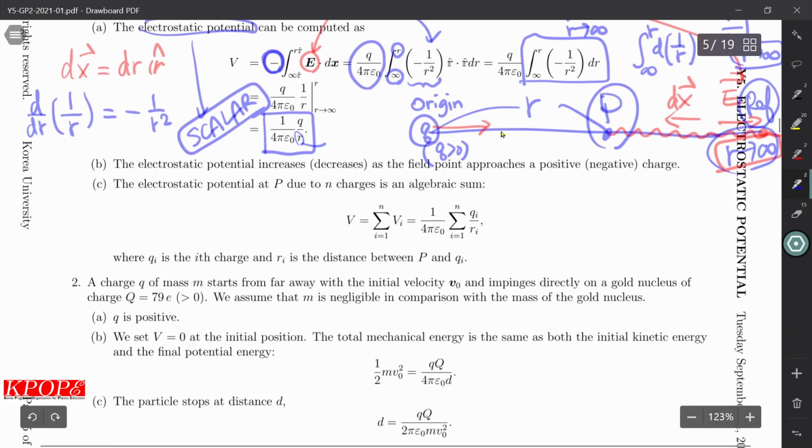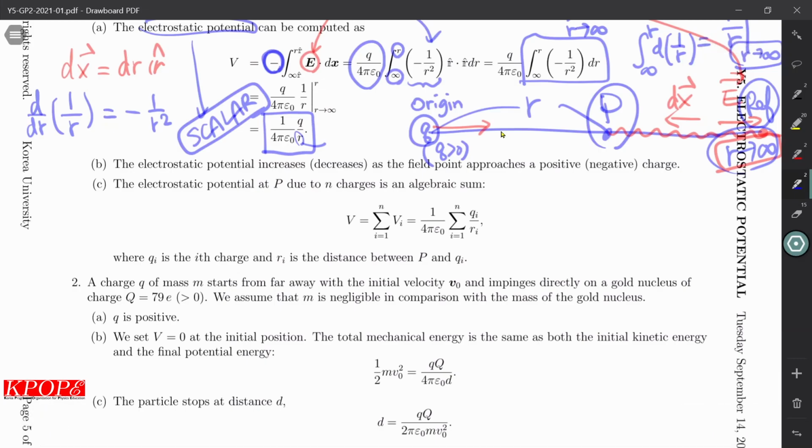Just like the case of the electric field, electrostatic potential is also additive. So a combination of electric charges generates a resultant electrostatic potential that can be obtained by simply adding all the contributions.